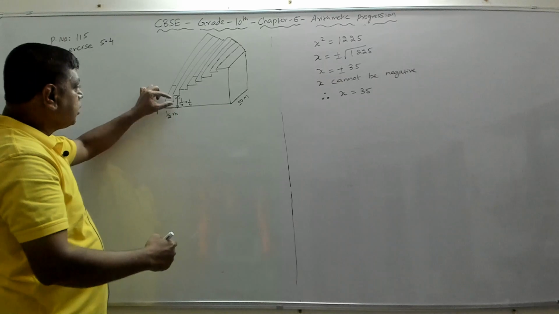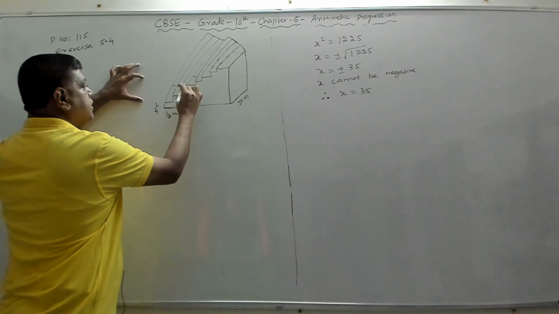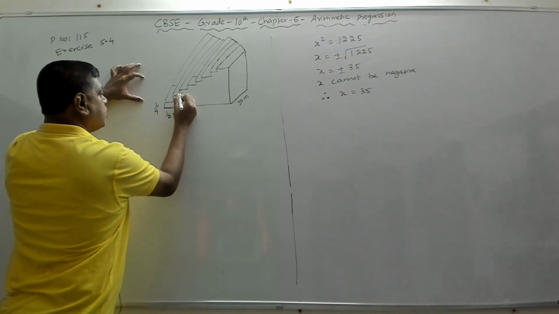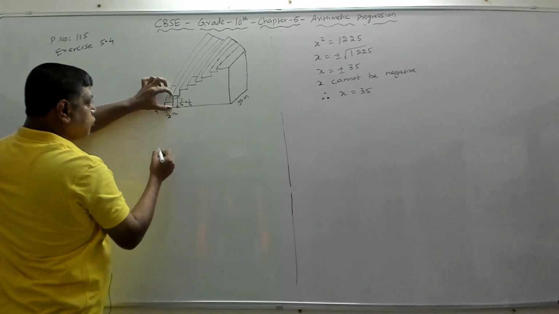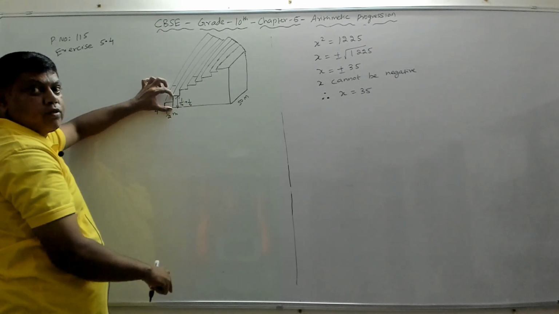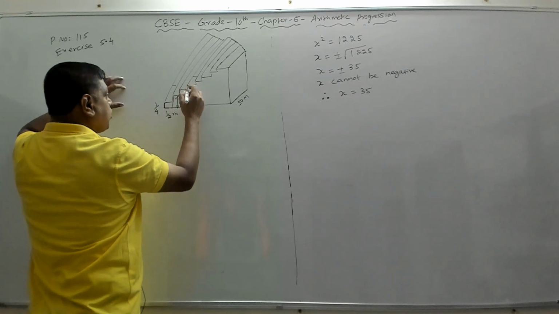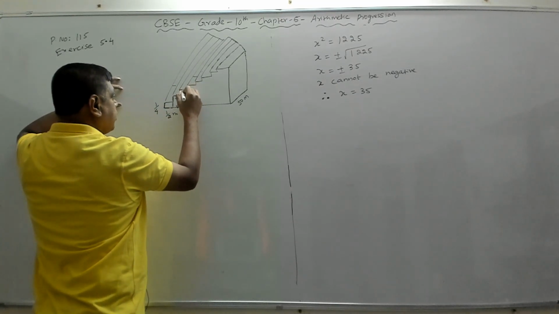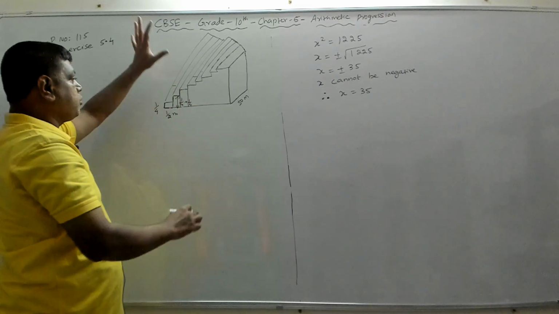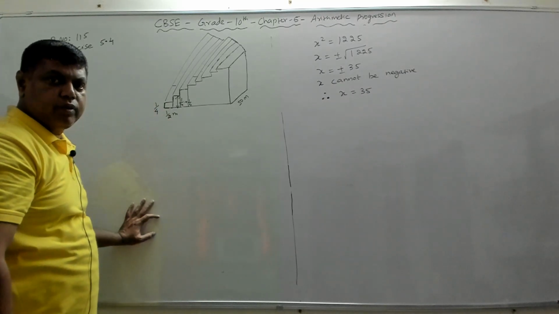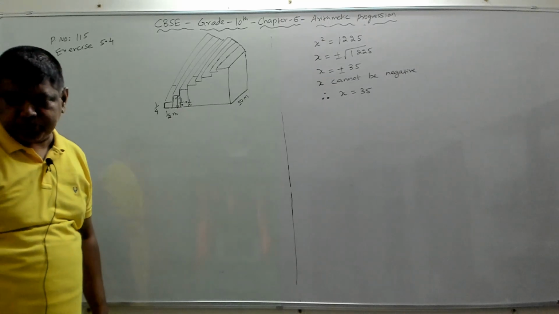The total height from the bottom is 1 by 4 plus 1 by 4. Similarly here the total height will be 1 by 4 plus 1 by 4 plus 1 by 4, and the fourth will be higher still. So that's how the height of each step is raised by 1 by 4.